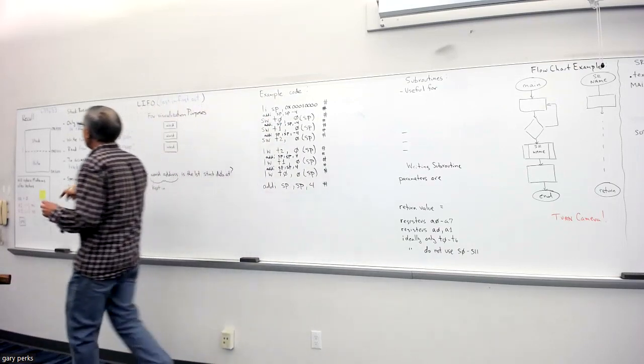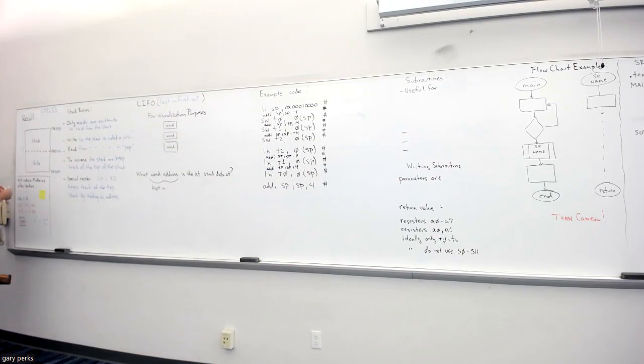Now, as I said earlier, the stack, just like the data segment, just like the code segment, is byte addressable, right? So each 32-bit row, think of it as 4 bytes that each have an address.